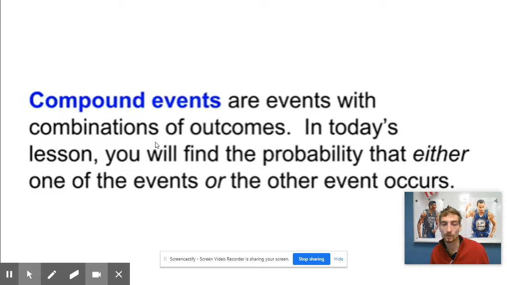Just like in a compound word, you have more than one word in it. And so here it's going to be asking, like, what are the odds of landing on a red or a purple spin on a spinner? So notice it's talking about more than one event, red or purple. It might also say red or purple with the word either. It's like either red or purple.